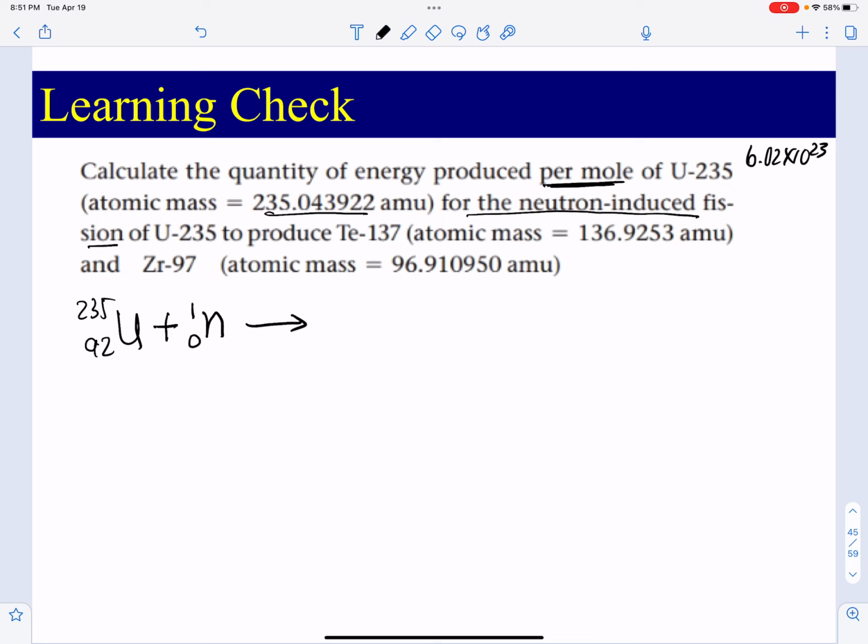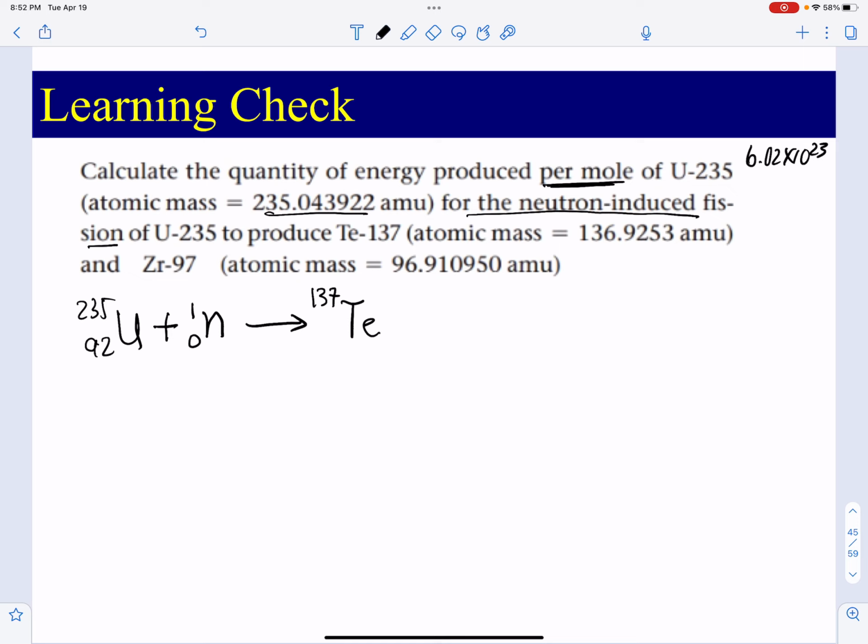into tellurium-137 and, just give me a second, tellurium is going to be atomic number what? If this was the class, you can tell me, but I'm here all by myself, so I have to find it myself.